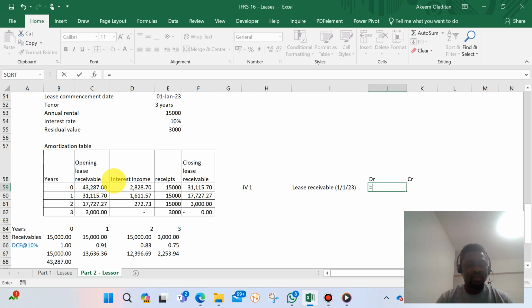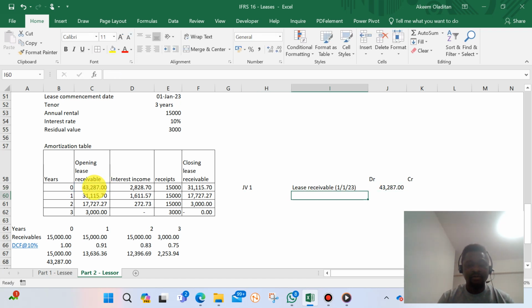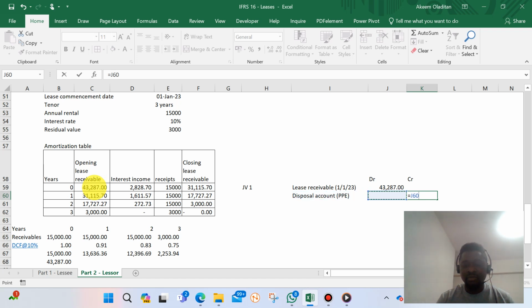That amount of 43,287 will be debited here, while we credit the disposal account on PPE, because that amount will be used to derecognize that value in the books. So that same amount will be here.